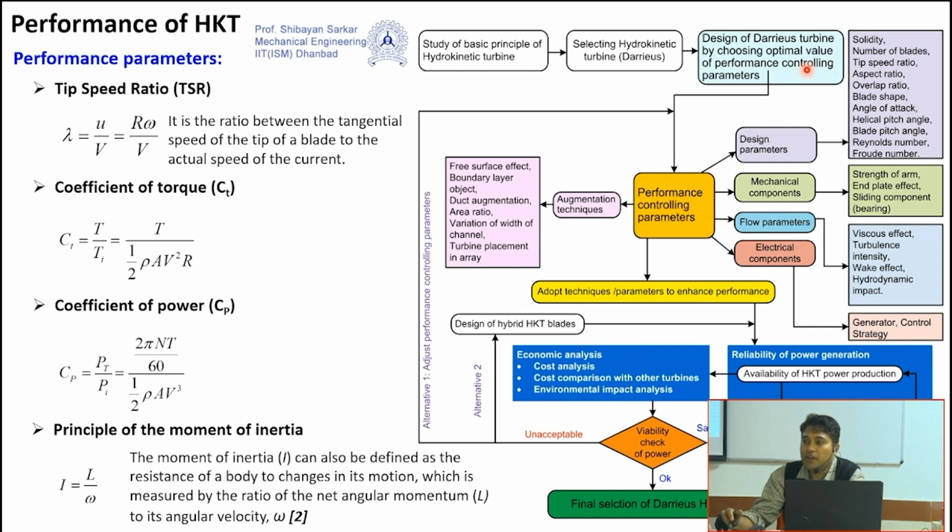Then the overlap ratio: I have already shown you a drag based turbine with two S-shaped blades. If we place them like this, there is no overlap; if we place the two blades so they overlap, that is the amount of overlap. Then the angle of attack: the angle between the blades and the fluid which is coming.